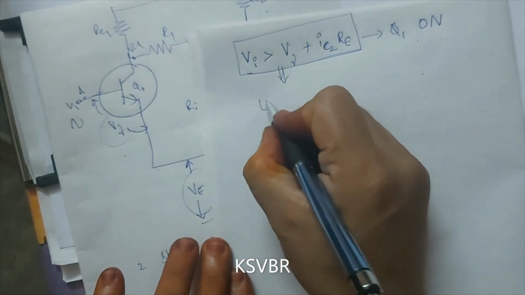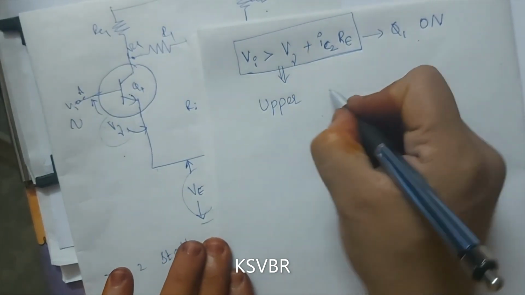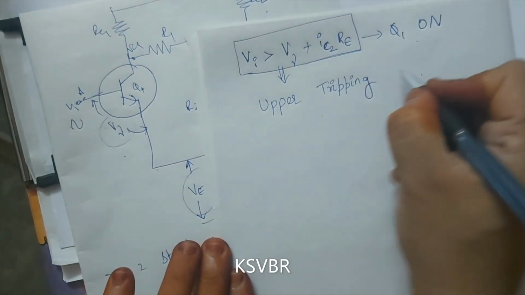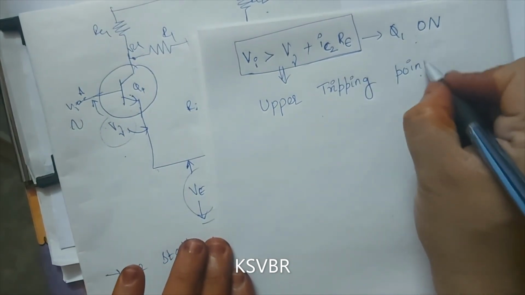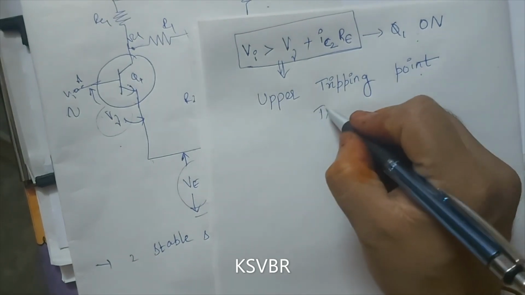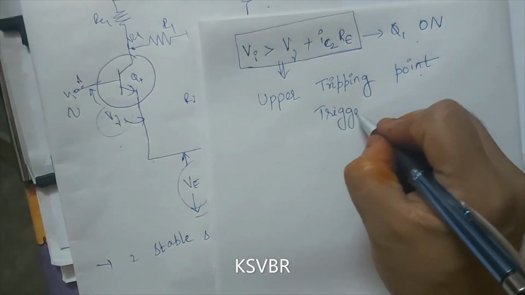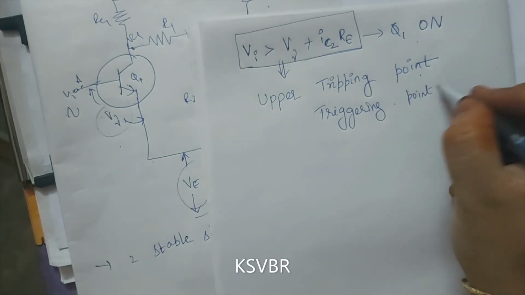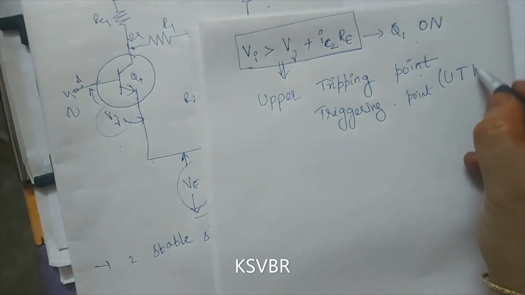This voltage is called as upper tripping point, or upper triggering point. In short, we'll call this UTP.